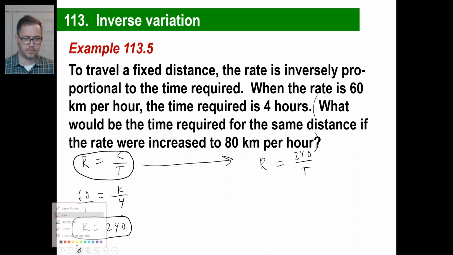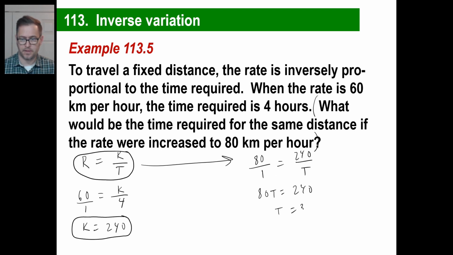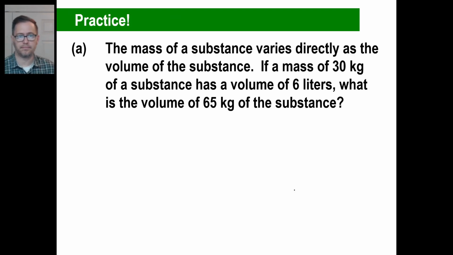All right, let's increase the rate to 80. Okay, there we go. And we can do the same thing, over 1. So 80 times t is equal to 1 times 240. And t is going to be equal to 3. And there we go. Same thing. Okay. Looks good.